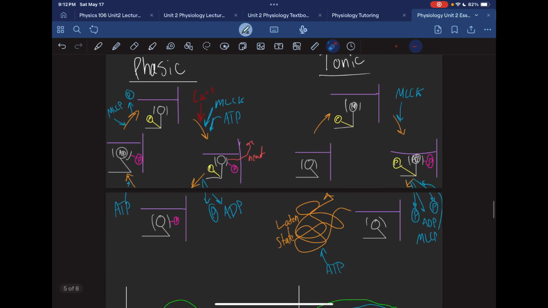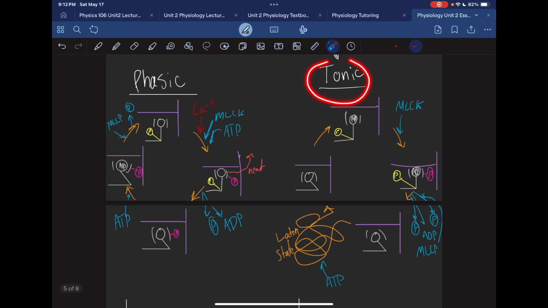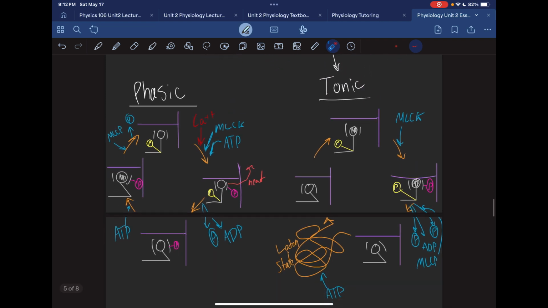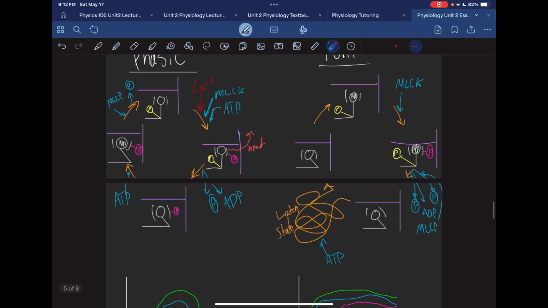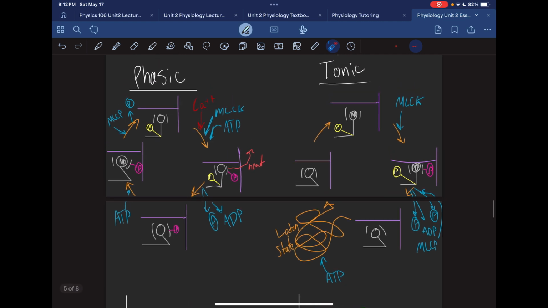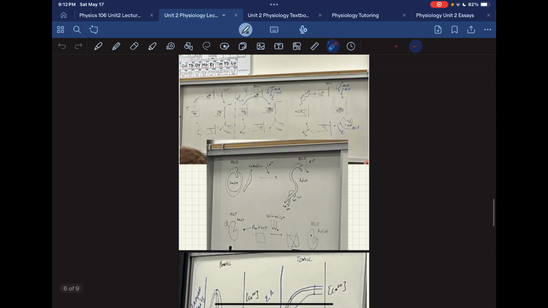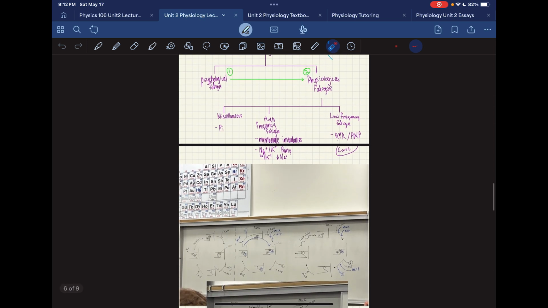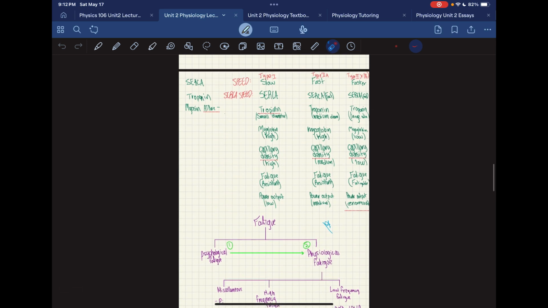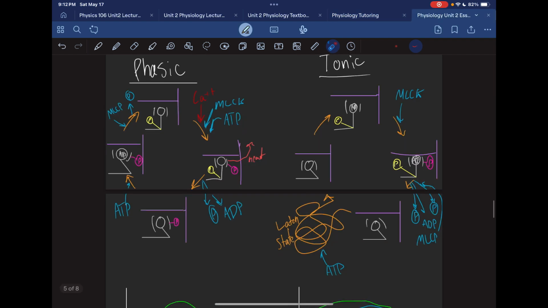We see this with the tonic right here on the side, and that is, I am forgetting the name of that. Oh, Crossbridge.